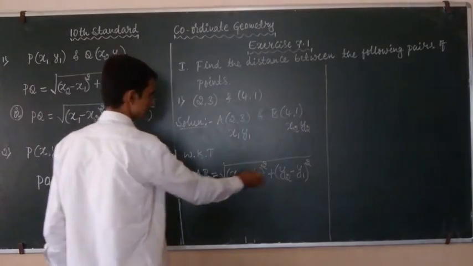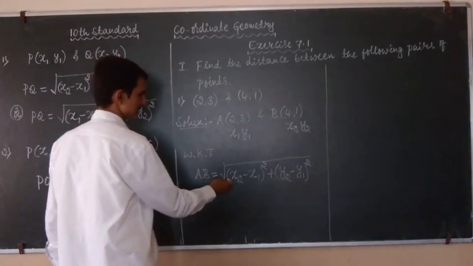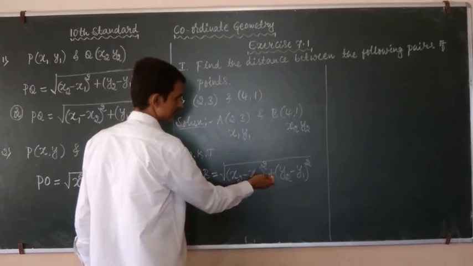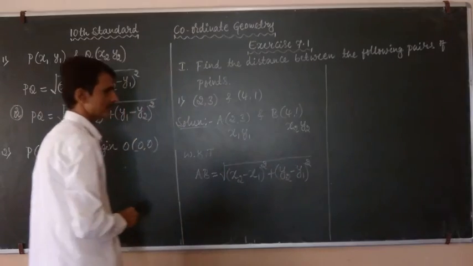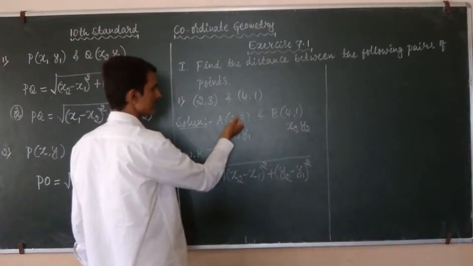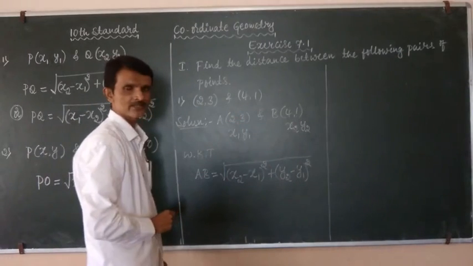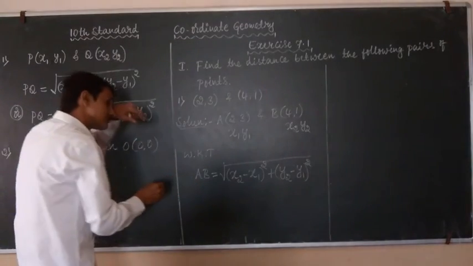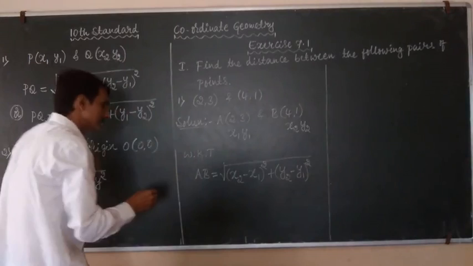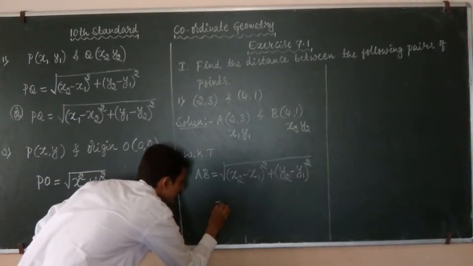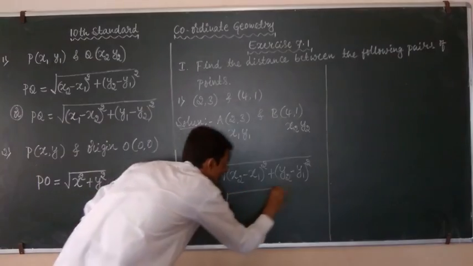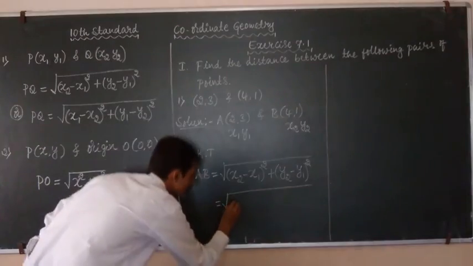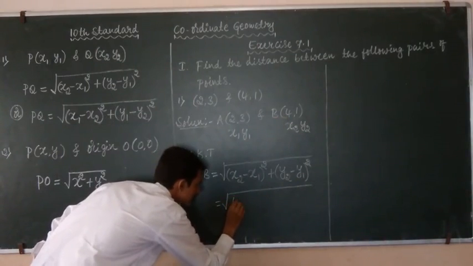So I have written AB equals root of x2 minus x1 whole square plus y2 minus y1 whole square. Now substitute the values of x1 and y1. So x2 means 4.